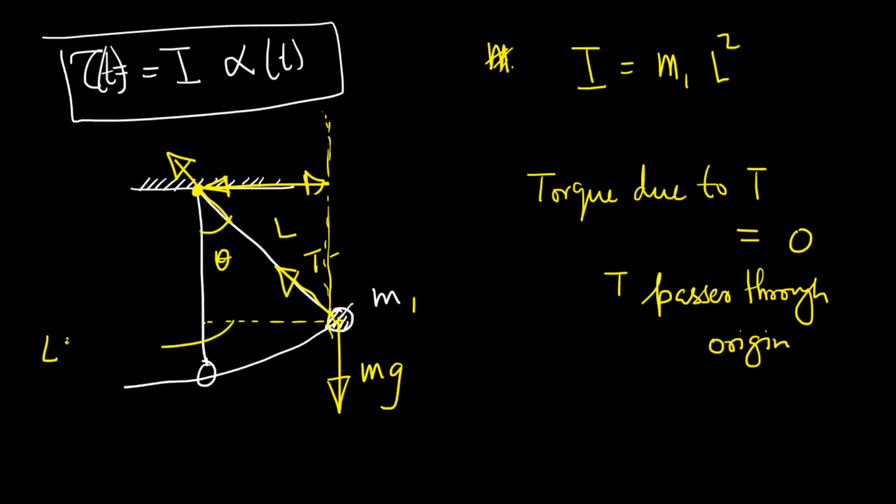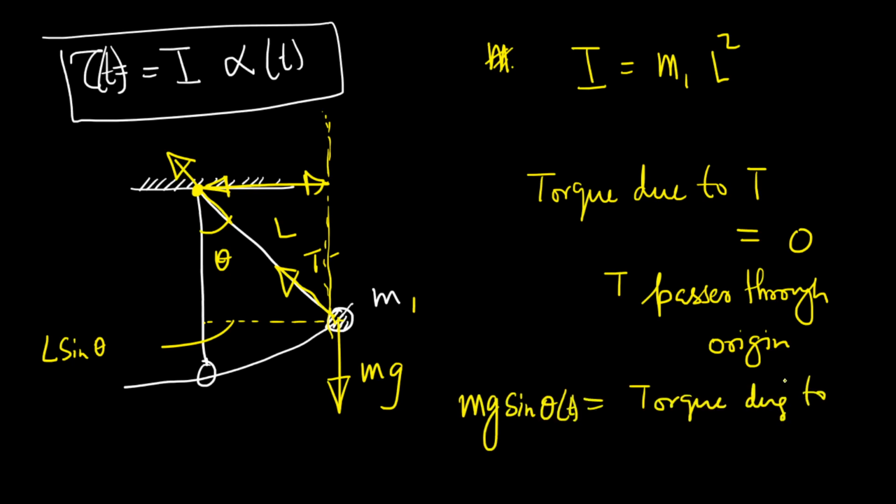Do it whichever way you like, r cross mg, or mg into perpendicular distance, and so on. So we have mgL sine theta as the torque due to gravity at that instant. Theta is a function of time.